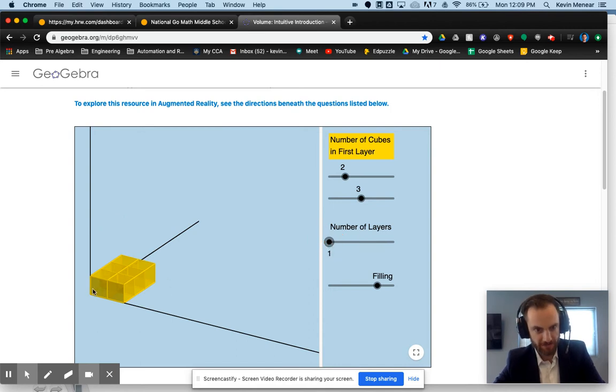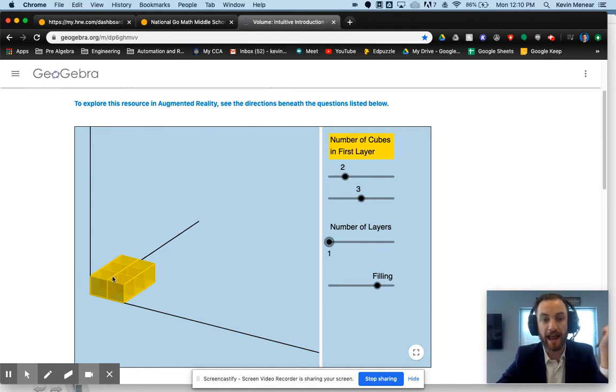Now, if I just look at this, right? If I'm calculating the volume of this first layer, it's actually the exact same thing as calculating the area of that face, okay? If I had a rectangle and I wanted to find its area, it would just be 2 times 3. It would be base times height, right?